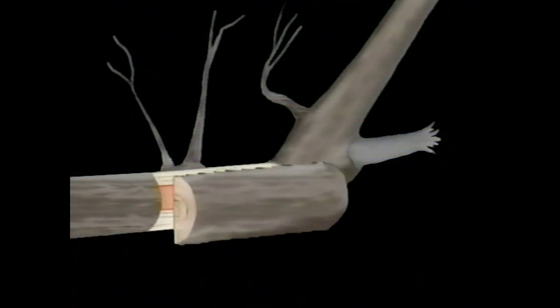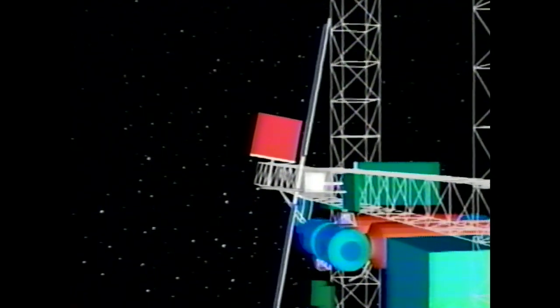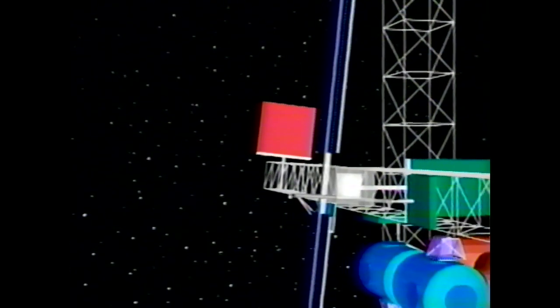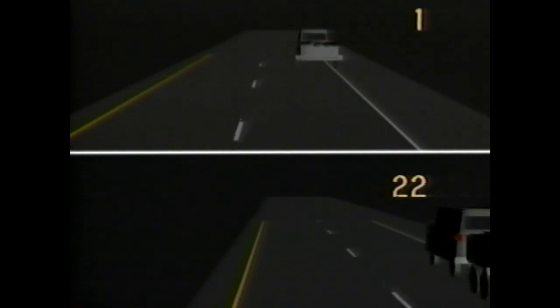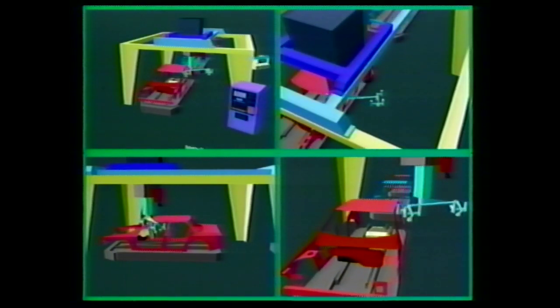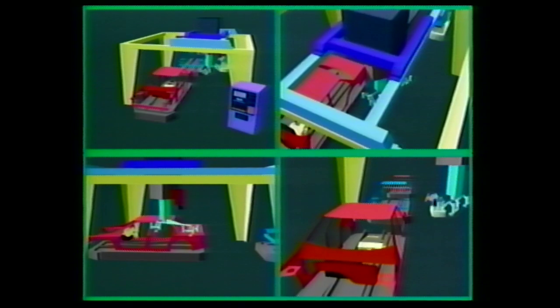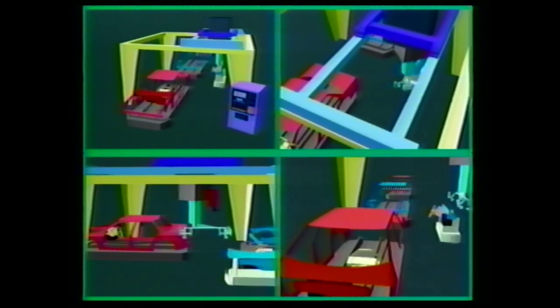If it happens to be trees or a space station, or an automobile accident, or assembly process, they're able to understand the nature of the information, translate it, and develop displays and presentations. In other words, we're able to take data and convert it to information.